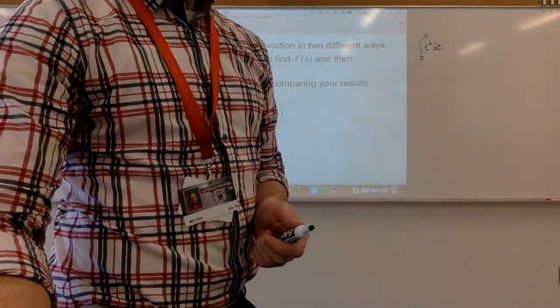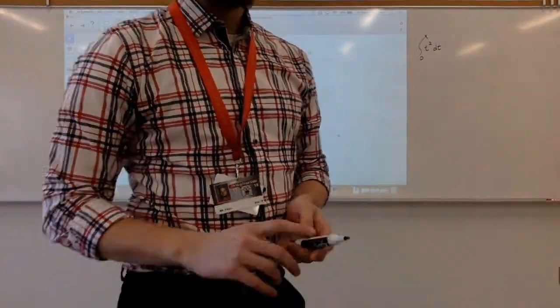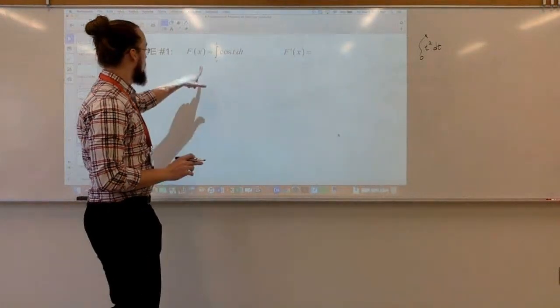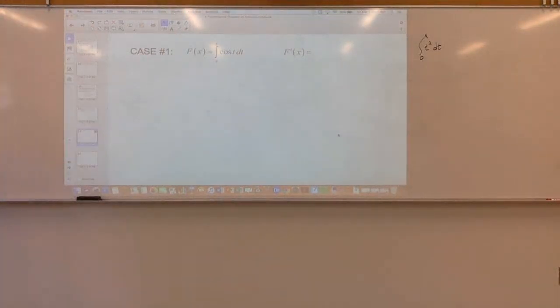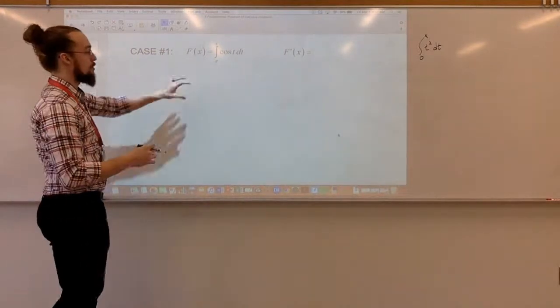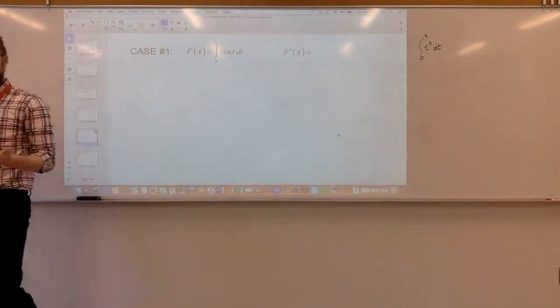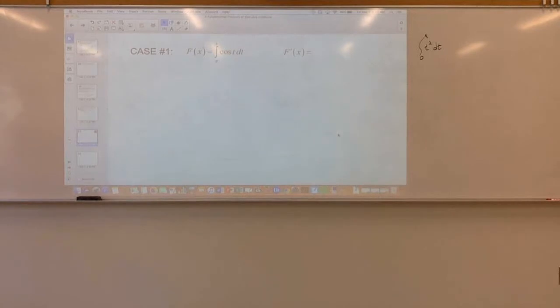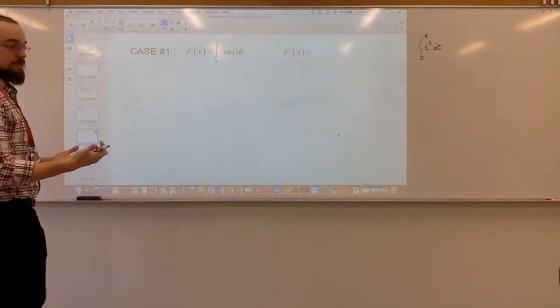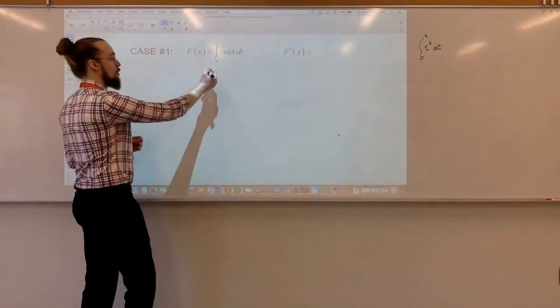So let's examine 3 cases. First, we've got the integral from pi to x of cosine of t dt. So what we're going to do is go through that process that we just did. Find the antiderivative, plug in our 2 bounds, pi and x, and then take the derivative of that. Let's do this one together.